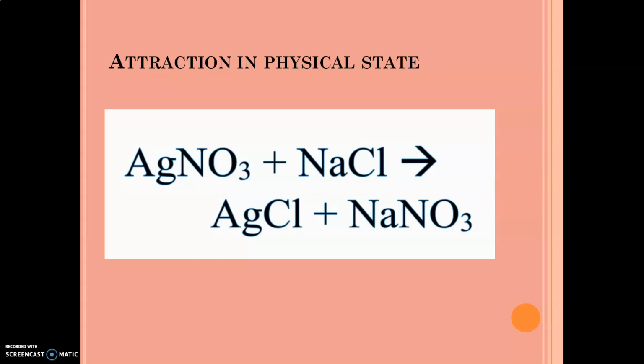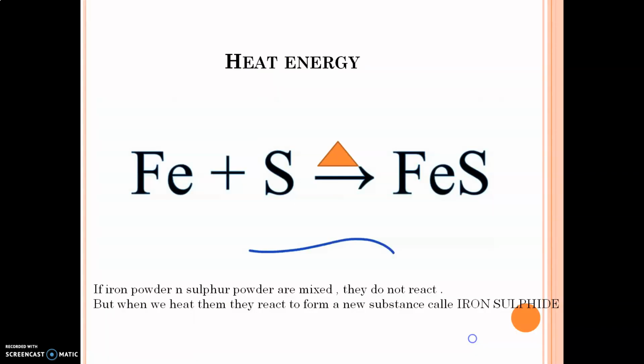I told you precipitation is a process in which the insoluble part gets settled down at the bottom. So AgCl will be settled at the bottom in the form of precipitate. So first one we took as close contact. Second one is attraction in physical state.